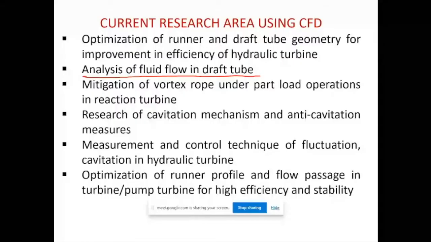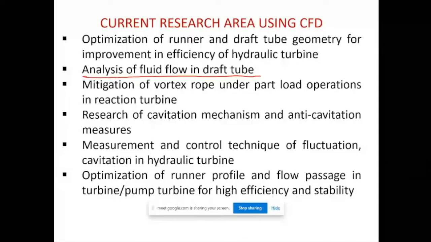Once the turbine is operated at off-design conditions, draft tube analysis is needed, because in those cases a vortex rope is formed, and that vortex rope is not desirable for operation, because it hits the draft tube cone again and again, and the life of that structure will be at stake.